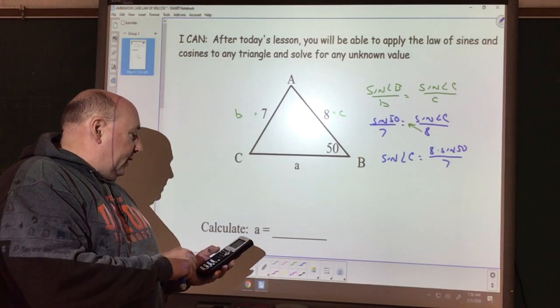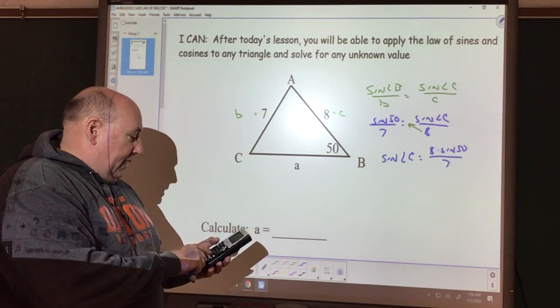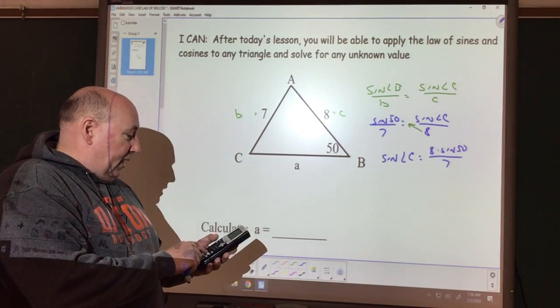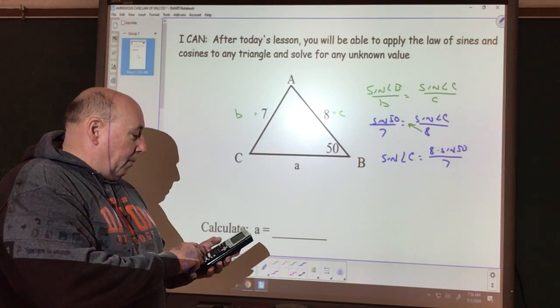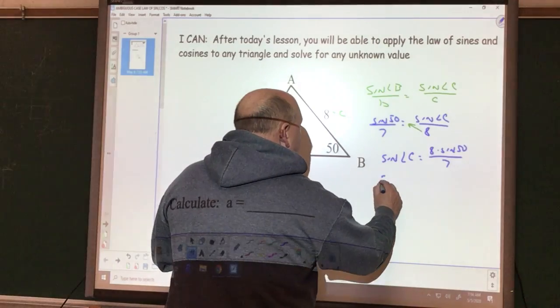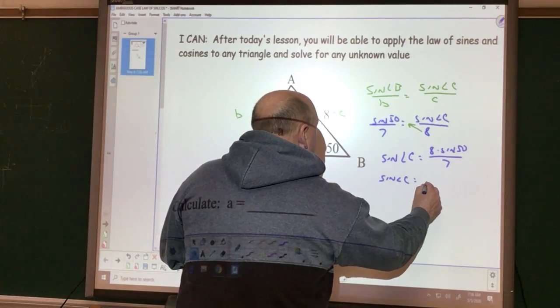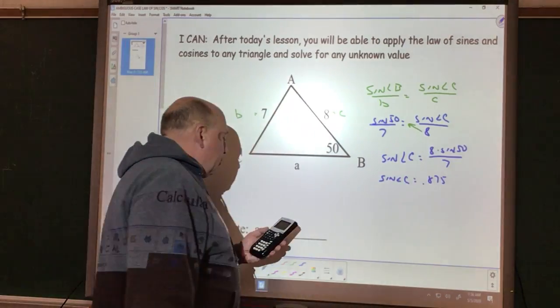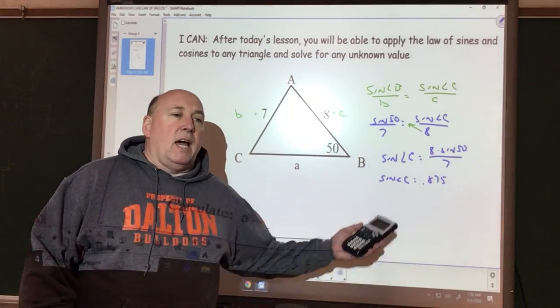So we have 8 sine of 50, close my parentheses, divided by 7, I get 0.875, and some extra change there. But that's the sine of angle C.